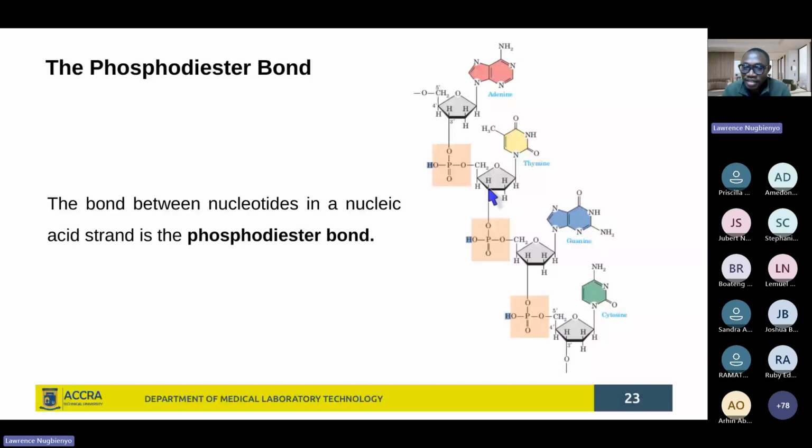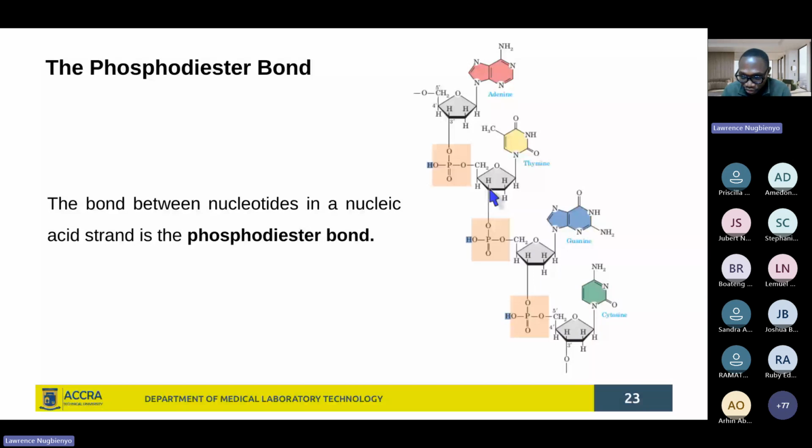So you see that the phosphate is binding to carbon number 3 on the sugar of the nucleotide above it.